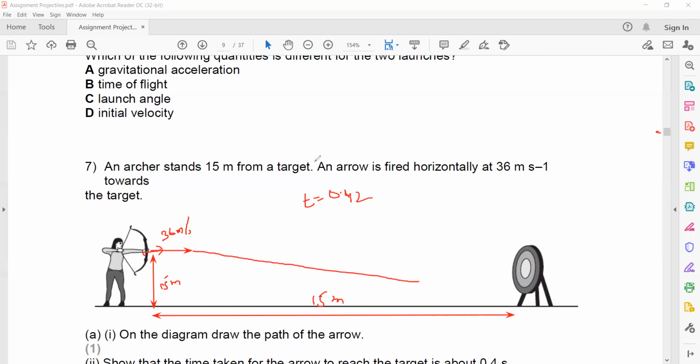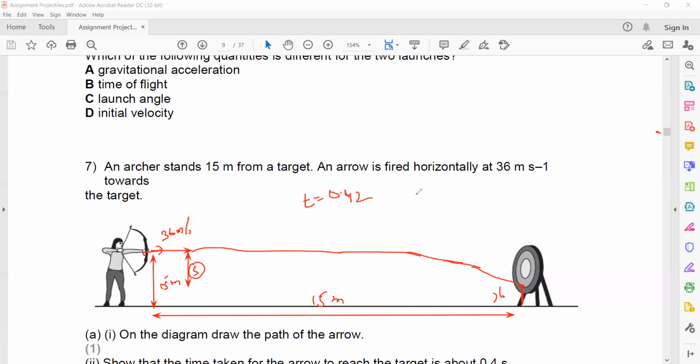So example, if the arrow strikes this point, we want to find this height first. The vertical distance fallen, and from the total vertical distance, 1.5 minus the vertical distance fallen by this arrow, we will get this distance x.